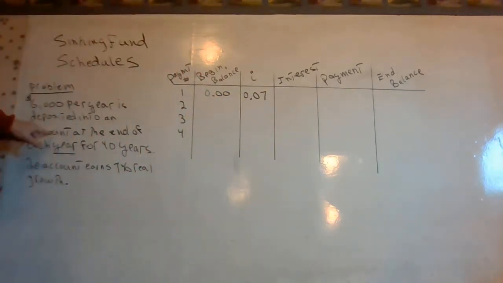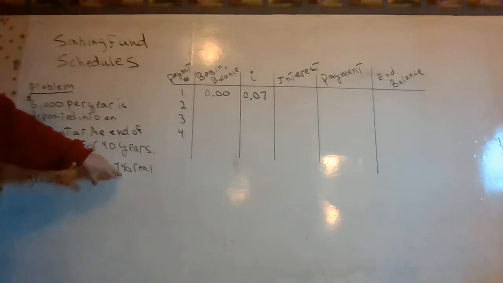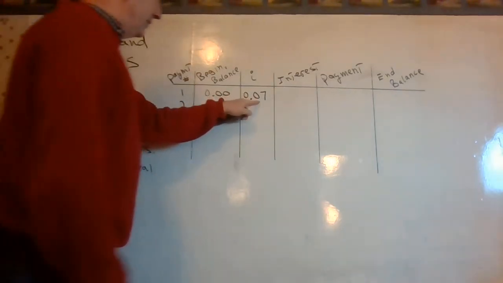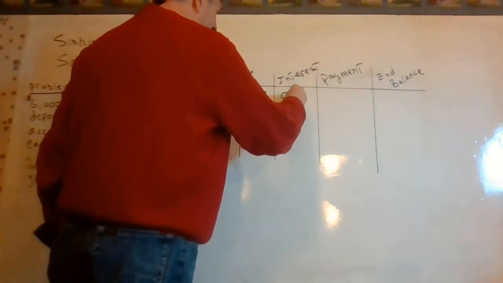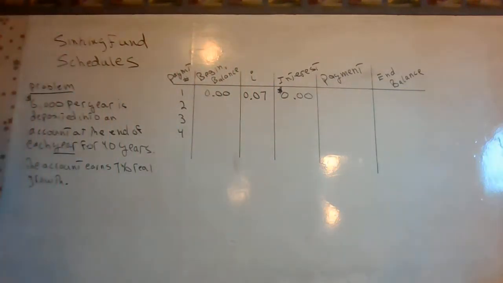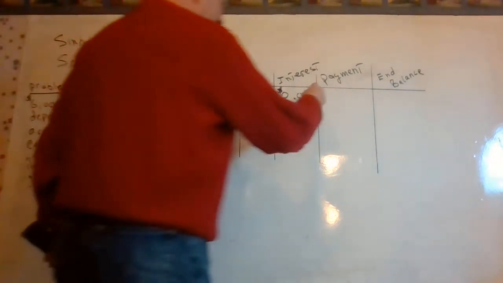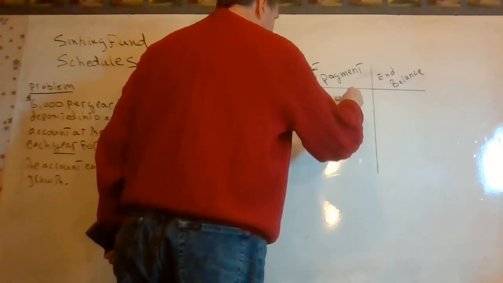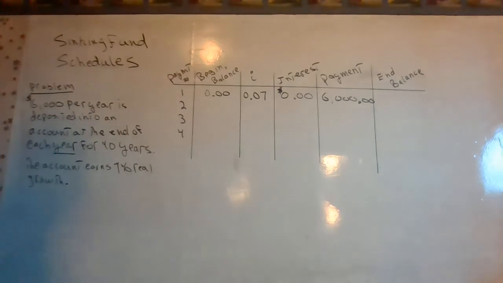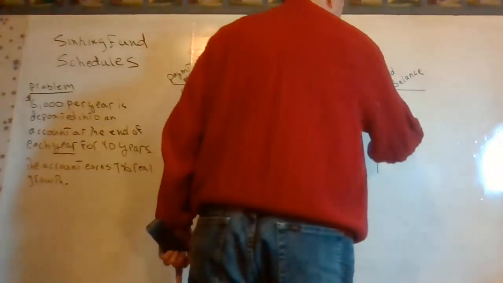If we were doing it monthly, we'd have to divide 0.07 by 12, but we're doing it at the end of each year. Interest, you multiply balance times this, and of course we get $0.00 in the beginning. And then we make a payment, $6,000. Our ending balance is just simply $6,000.